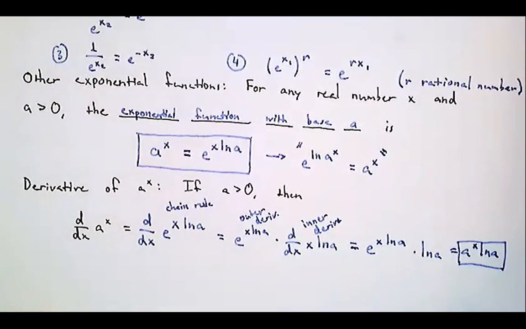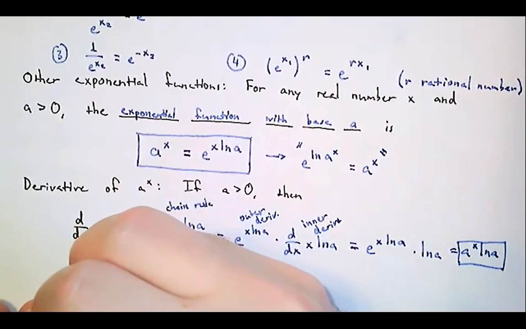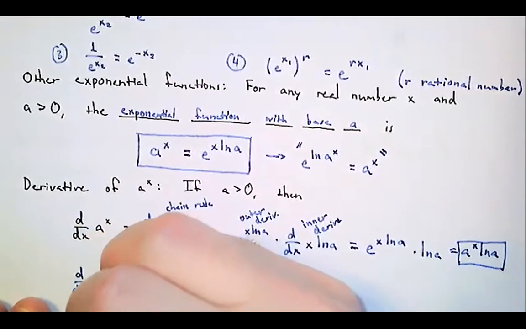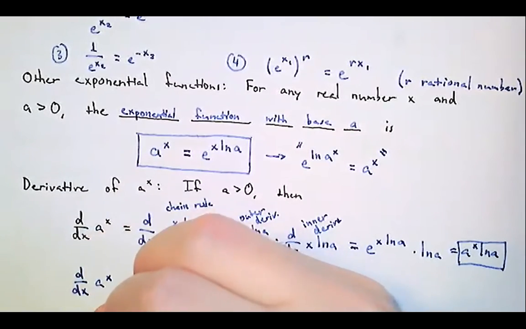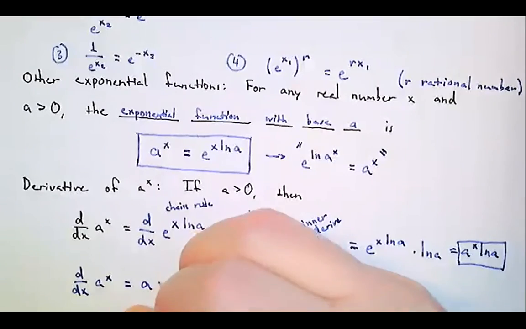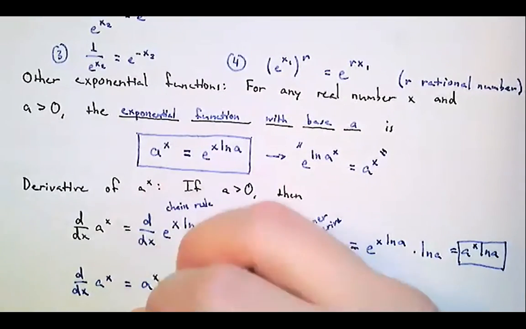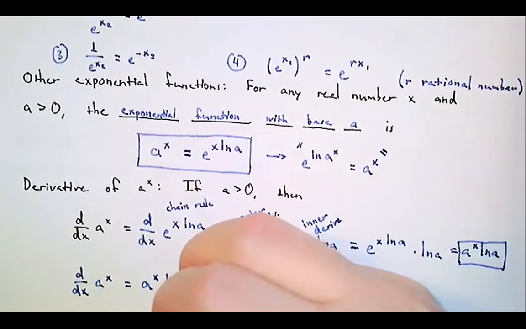Okay, and before we move on to some examples, I'm just going to write down the rule a little bit more clearly. So the derivative of a to the x is equal to a to the x power, but then we pick up this extra factor of the natural log of a.